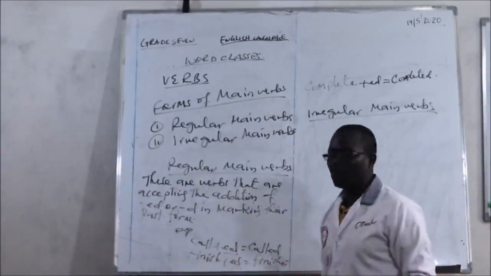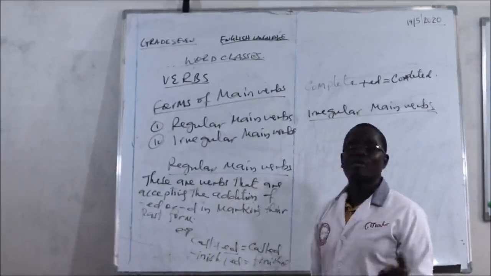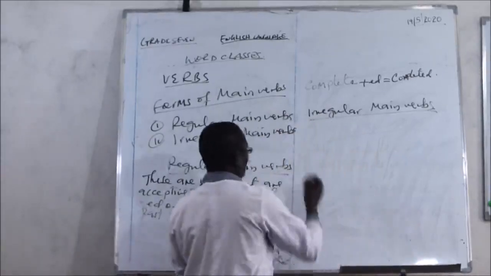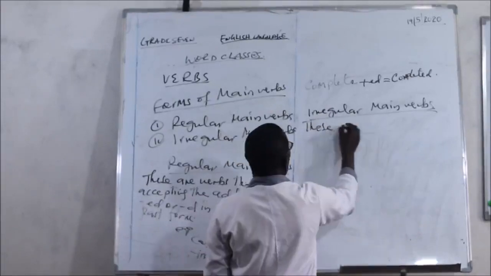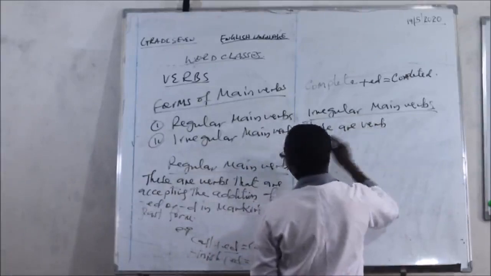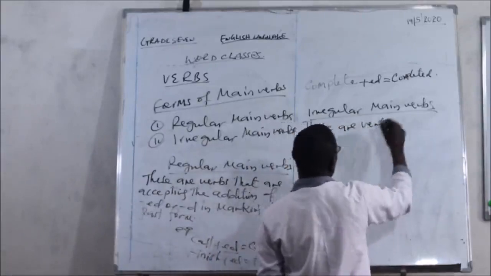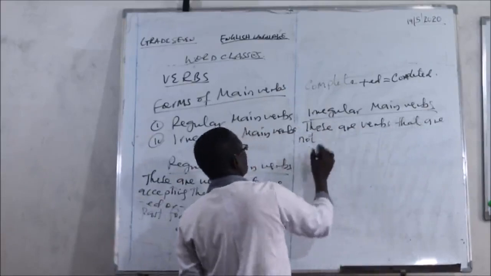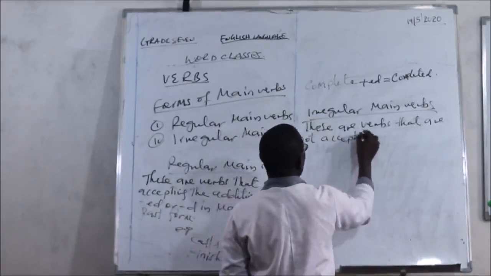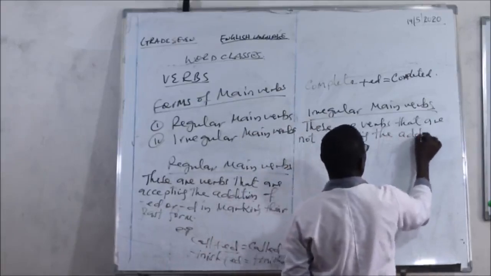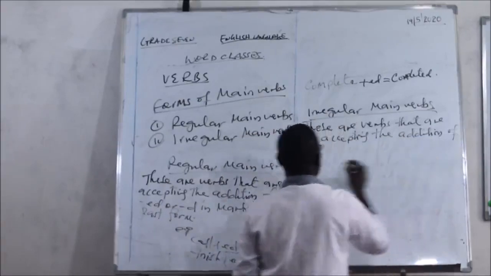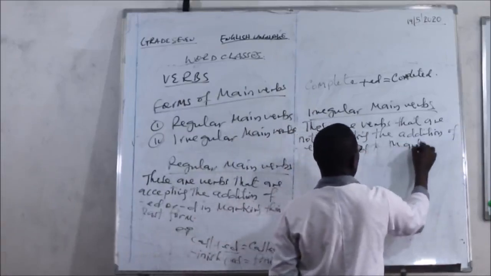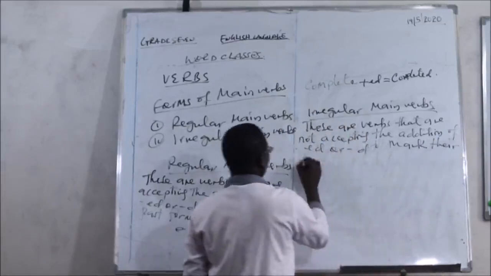Therefore, when we talk of irregularity of a main verb, we mean verbs that are not accepting the addition of the universal past tense marker, the addition of ed or d, to mark their past form.